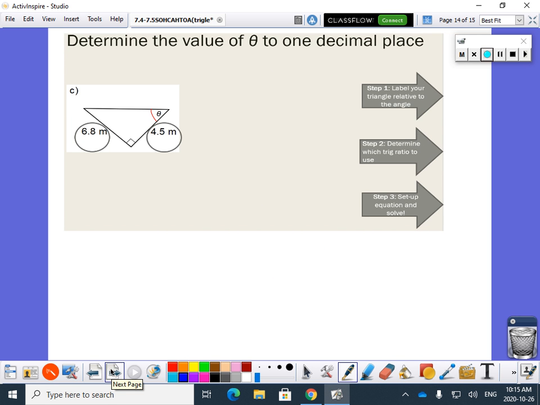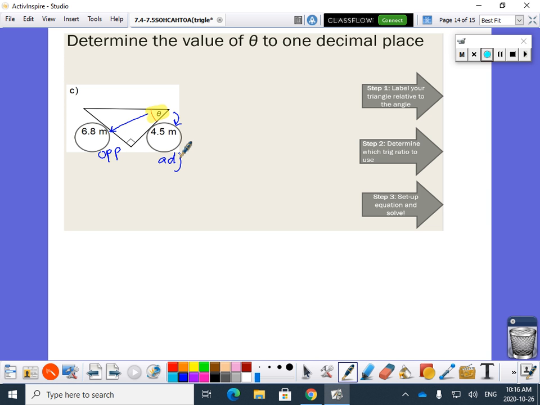Determine the value of theta to 1 decimal place. Okay, so label your triangle relative to the angle. If this is our angle, this side over here is labeled opposite. Good. Now we know that opposite the right angle is hypotenuse. So next to is adjacent.